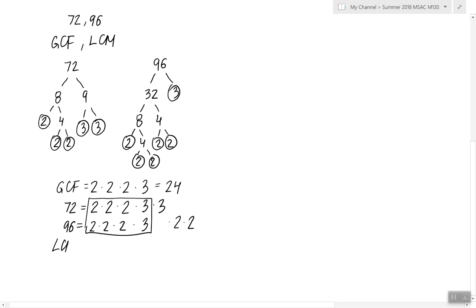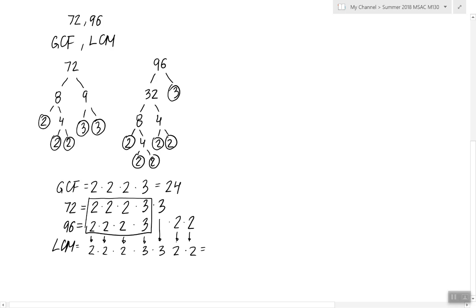Now to find LCM, we take all factors once. So we're going to have 2 2 2 3 3 2 2. Now to actually find the LCM, you don't have to compute the product starting at 2 and then multiplying by 2 by 2 by 3.